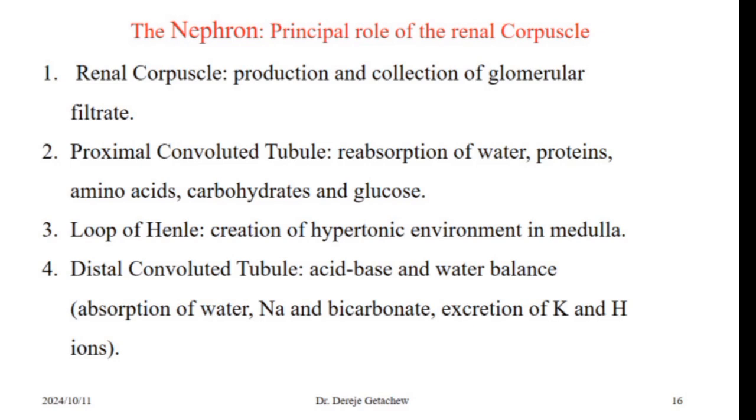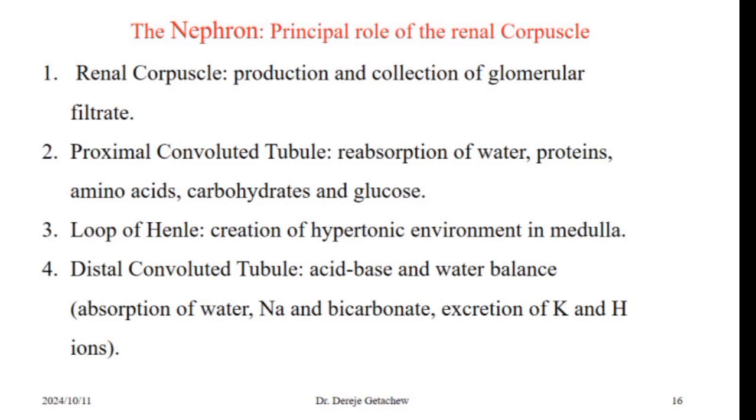The renal corpuscle is involved in the production and collection of glomerular filtrate, because the renal corpuscle is where the glomerulus is located that filters the plasma, so it produces the filtrate. And once the filtrate is produced, it's collected in the Bowman's capsule that's still inside the renal corpuscle.